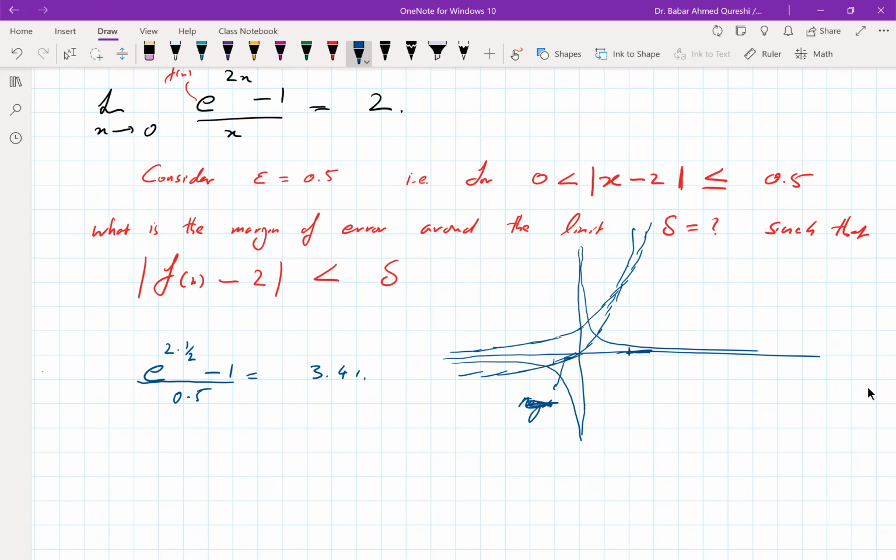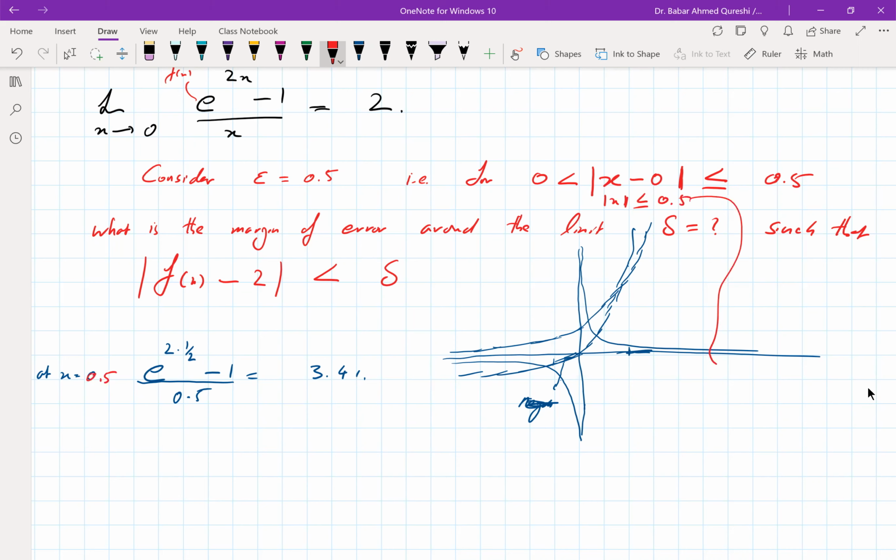While this is at x is equal to 0. Well, this wasn't supposed to be minus 2. This was supposed to be 0. Because the limit is at 0. At x is equal to 0.5.